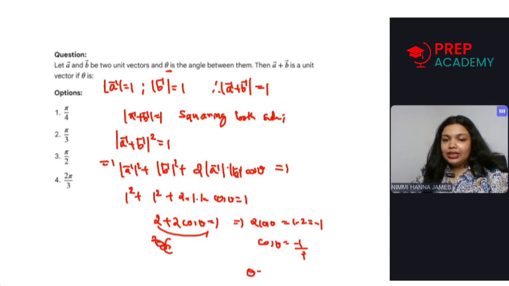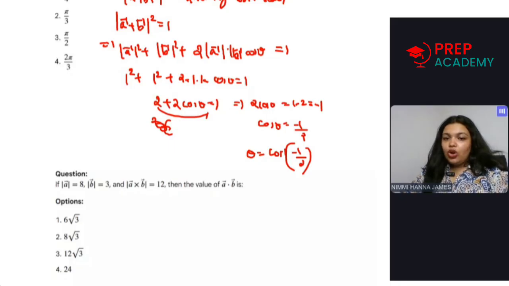So theta is equal to cos inverse of minus 1 by 2. Cos inverse of 1 by 2 is 60 degrees, that is pi by 3.